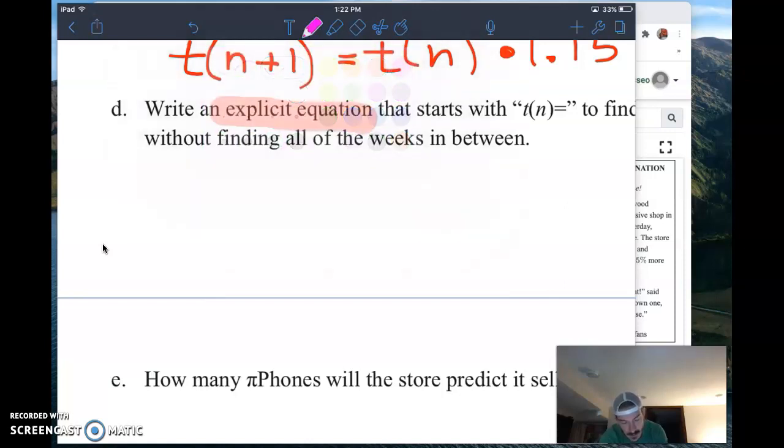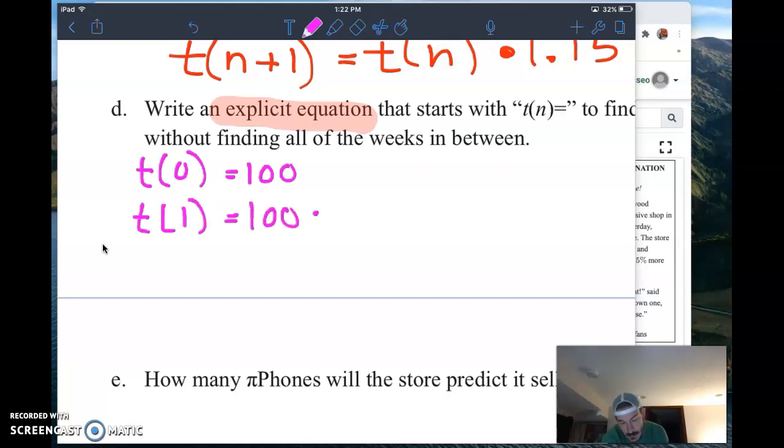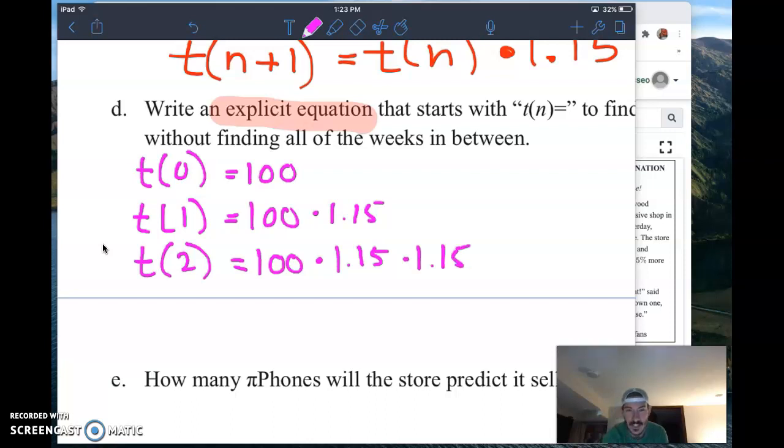To get the 0th term, I just took what they gave me. I said, all right, I'm going to start with 100. But then to get the first term, I took 100 and I multiplied by 1.15. Well, to get the second term, I took 100 and multiplied by 1.15 to get the first term, but then I multiplied by 1.15 again to get the second term.